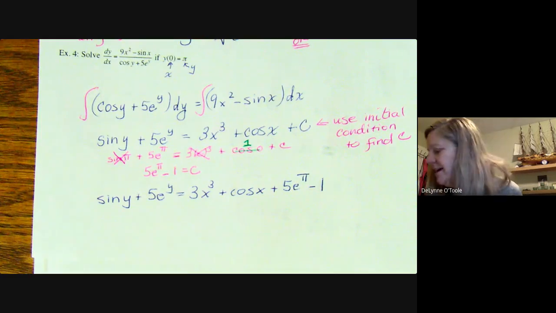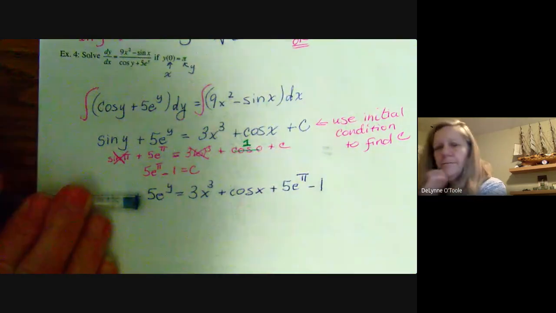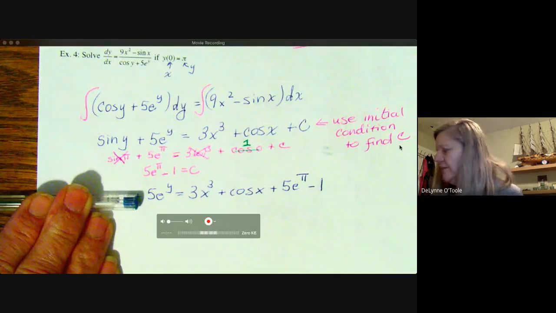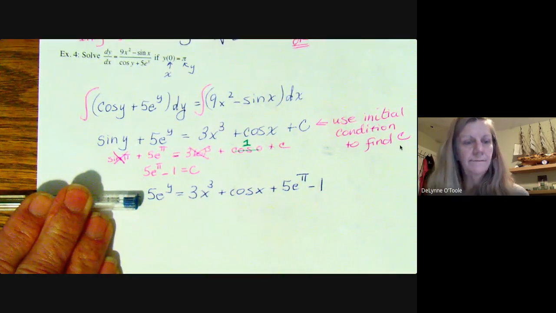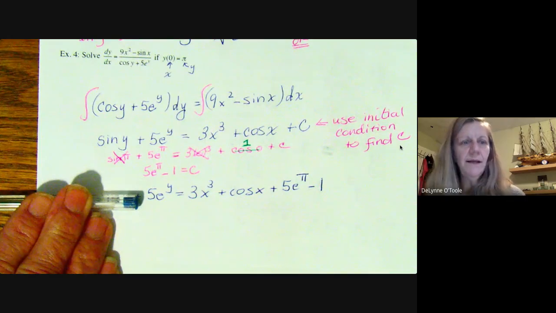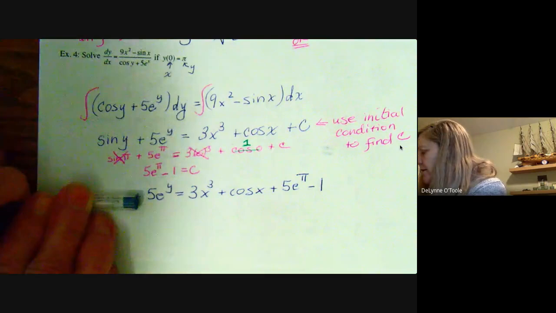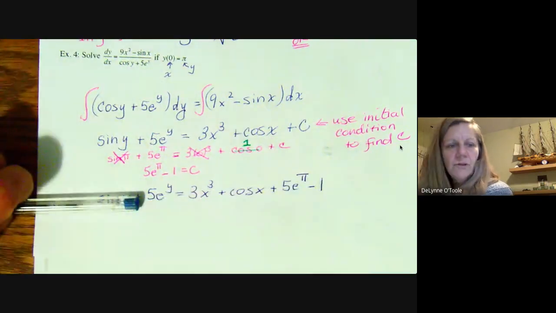Now, if the sine term wasn't there, if it was just 5e to the y equals that other thing, I could solve for y. I do the opposite of the e thing, I do the natural log. But I'd have to move the 5 over to the other side and then take the natural log.